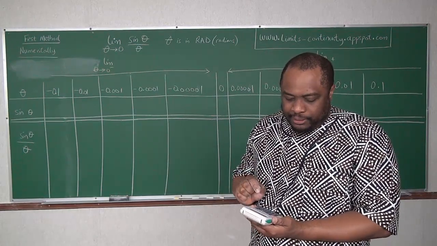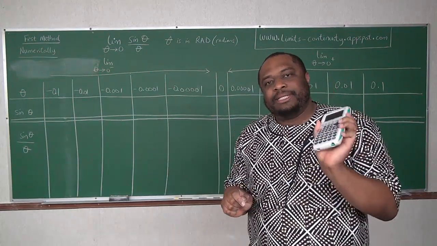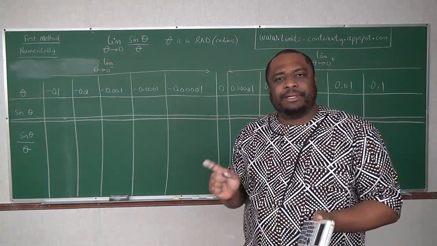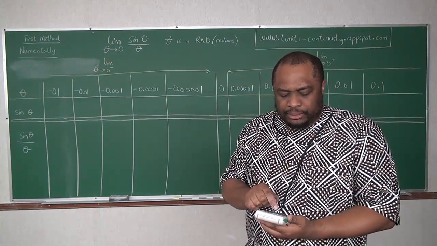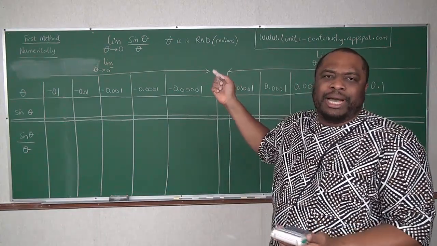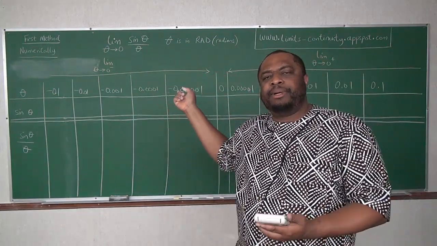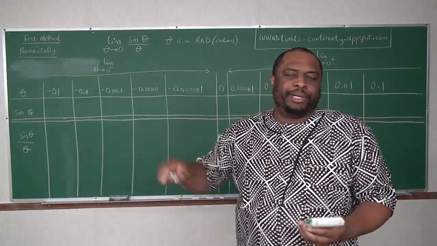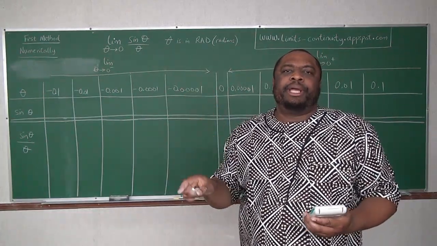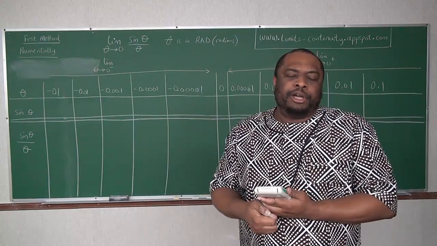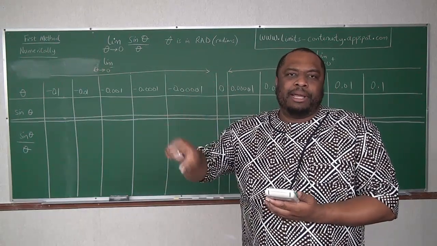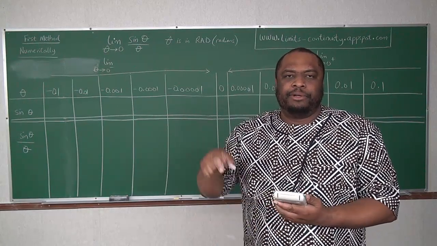First of all, make sure that your angle is in radians. If you want to know how to convert this to radians, you can go to my website, trigonometry.appspot.com, and look at angles and the angular measures, and just follow the instructions.